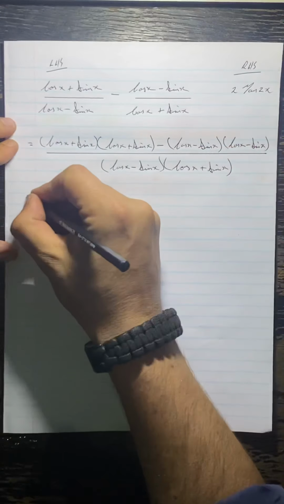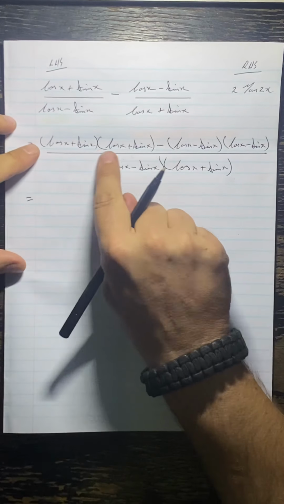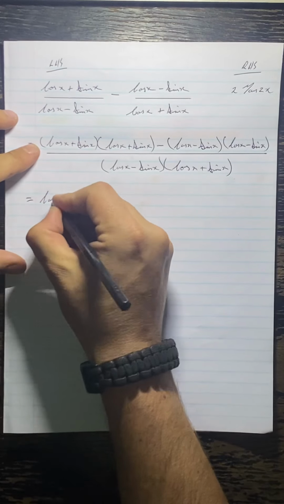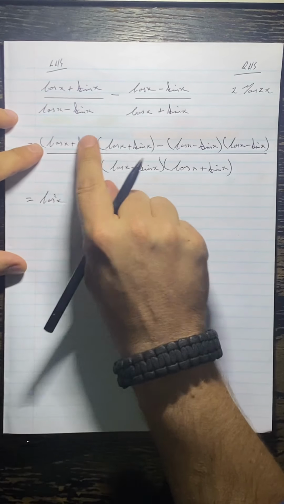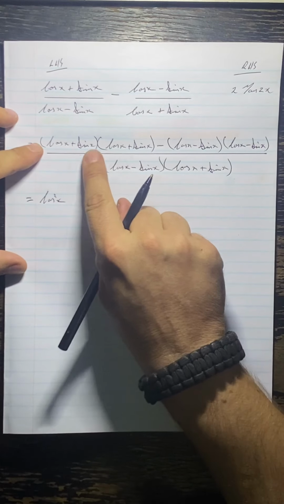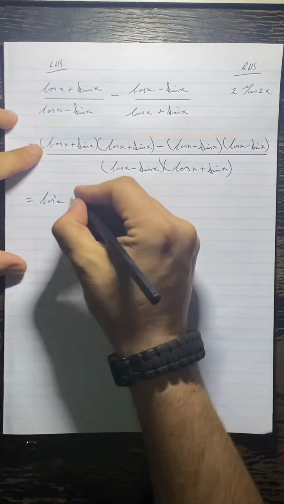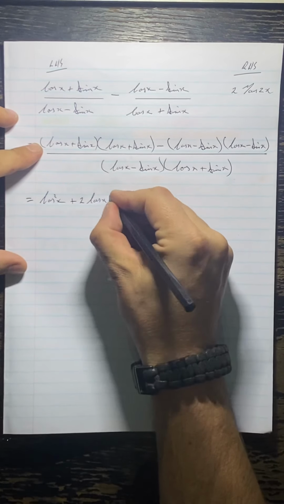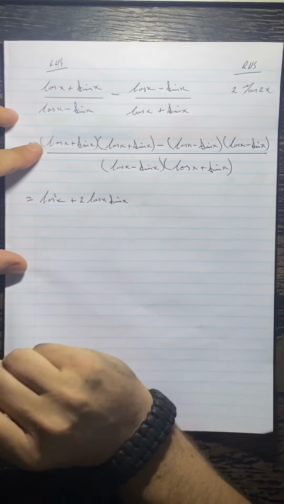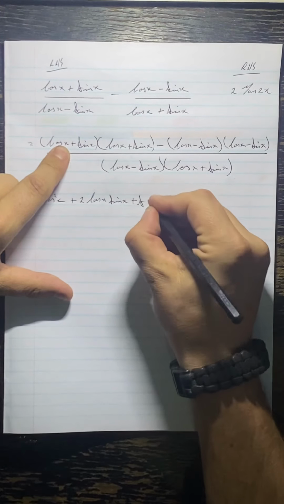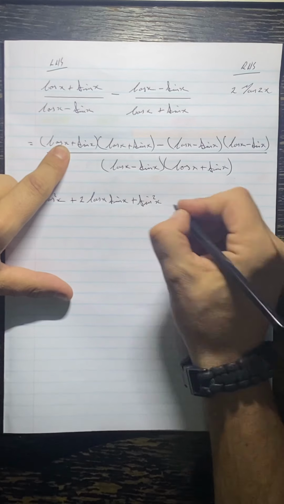The firsts give us cos squared x. The outers give us cos x sine x. The inners give us cos x sine x, and it's plus, so we get plus 2 cos x sine x. The lasts, sine x times sine x, give us plus sine squared x.